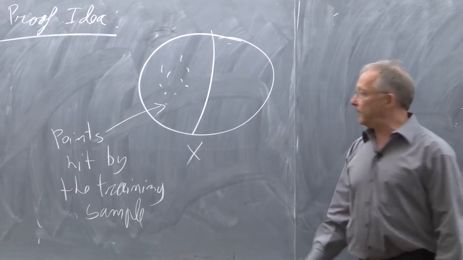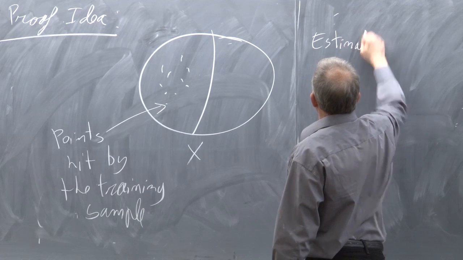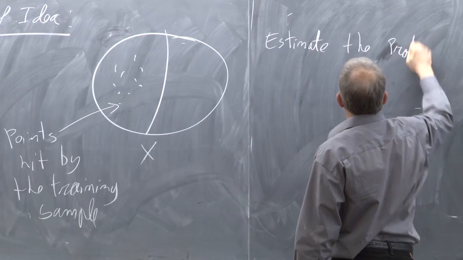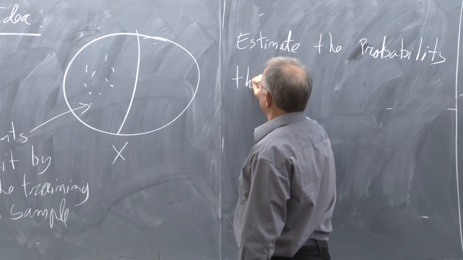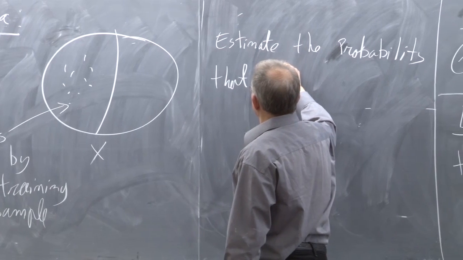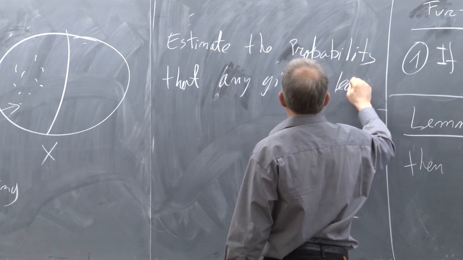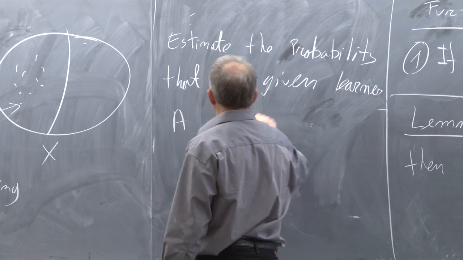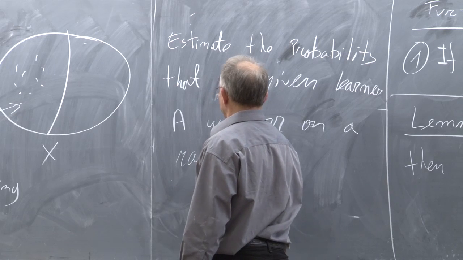Now what I want to estimate, to upper bound, lower bound, is the probability that any given learner A will err on a random point.